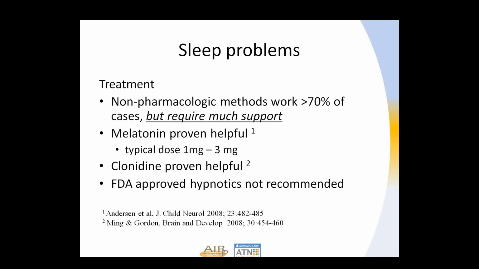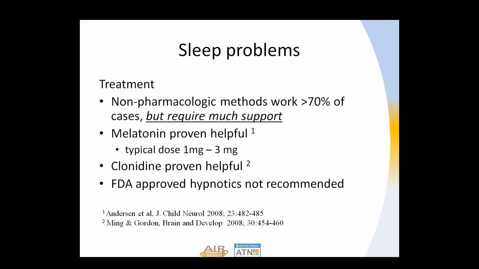And the typical dose that is used in these studies ranges from about 1 milligram to 3 milligrams of melatonin given in the hour before going to bed. Melatonin is available over the counter. It has a very safe profile and has been used both in people with autism and without autism.